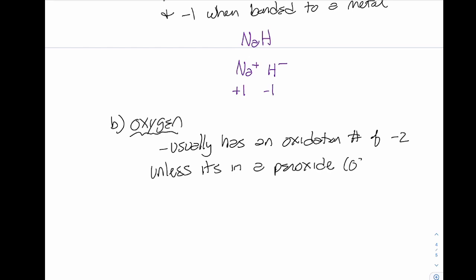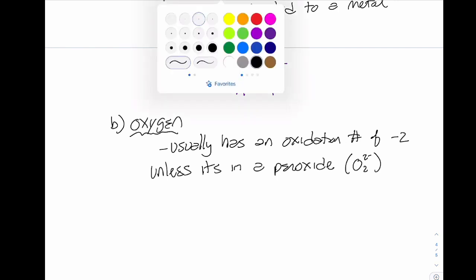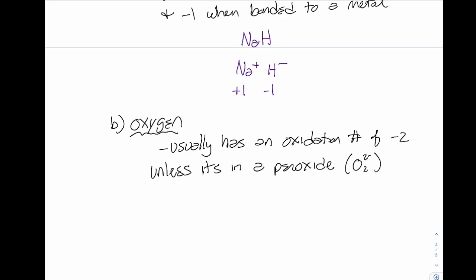Remember, a peroxide was a polyatomic ion that you needed to memorize, and it was O2 with a -2 charge. It was on the list of ones to memorize from 150, 151. So if it's in a peroxide, we can actually look at this. I have my 2 oxygens bonded to each other. It has a net charge of -2.